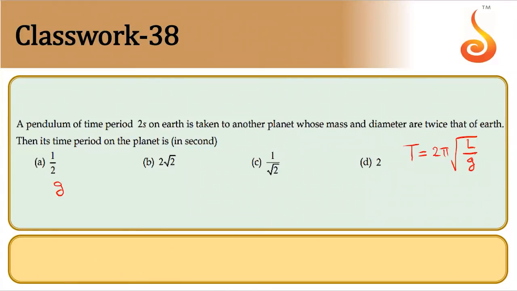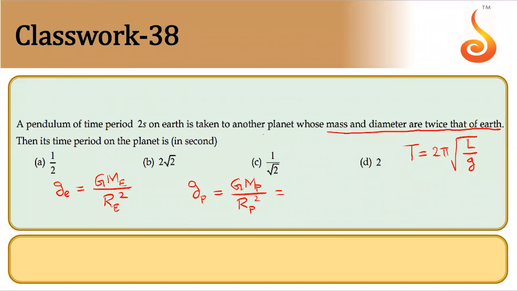So g on Earth is G ME by RE square. The g on the planet will be G MP by RP square. It is given that the mass and diameter of the planet are twice that of Earth.